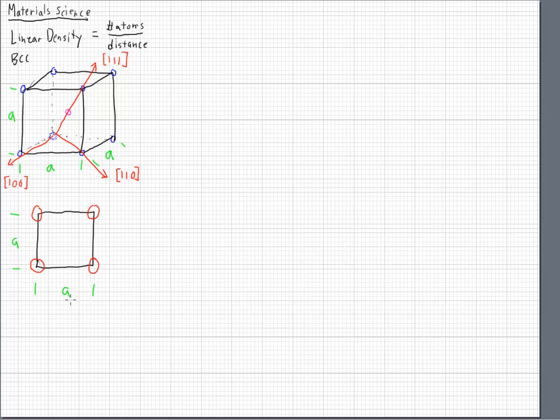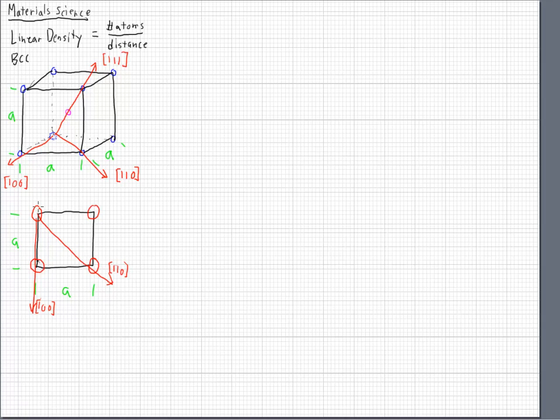So we know, at least in terms of the cell edge length, what this distance is in the 1, 0, 0 direction. So this is the 1, 0, 0 direction, and this is the 1, 1, 0 direction.